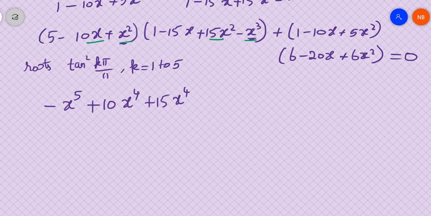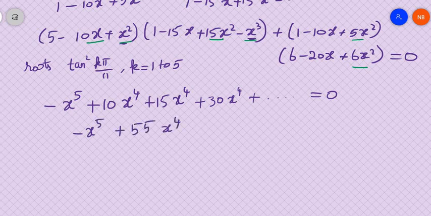And coming on to the second product, 5x square and 6x square gives us 30x power 4, and we don't have any other terms having x power 4 or x power 5. So plus etc. equal to 0. Minus x power 5 plus 55x power 4 plus etc. equal to 0. We can multiply by the minus symbol. We will get x power 5 minus 55x power 4 plus etc.